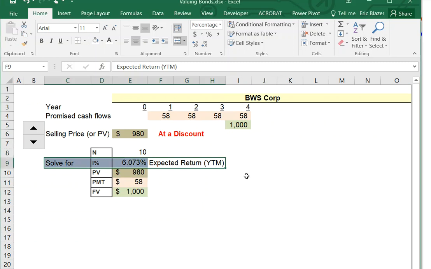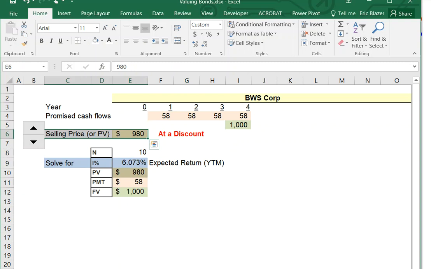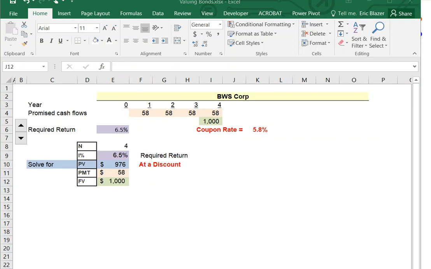That would mean the bond has a 6.073% expected return. And if we require a 6.5% return, we would not want to buy this bond. And again, that makes sense because it's currently selling for $980, and we determined that its fair value would be $976. The bond is overpriced.